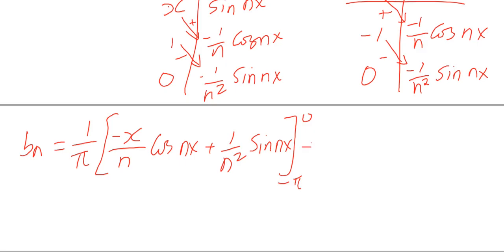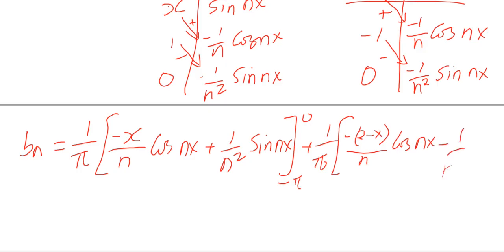Then we have plus 1 all over pi, minus 2 minus x all over n cosine of nx minus 1 all over n squared sine of nx, x increasing from 0 to pi, the upper limit.